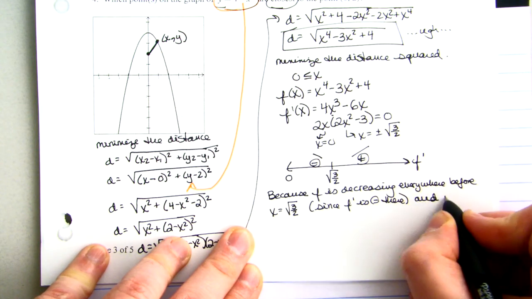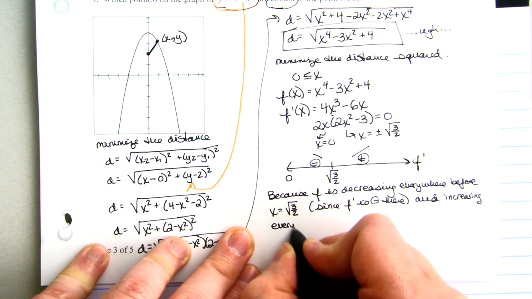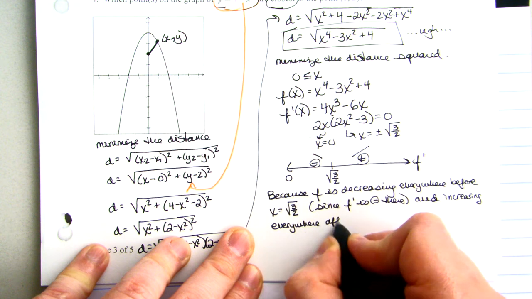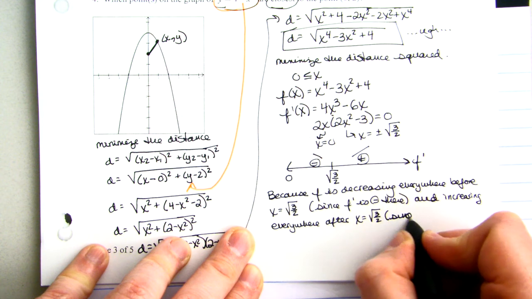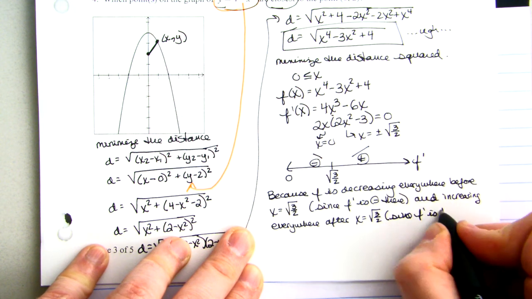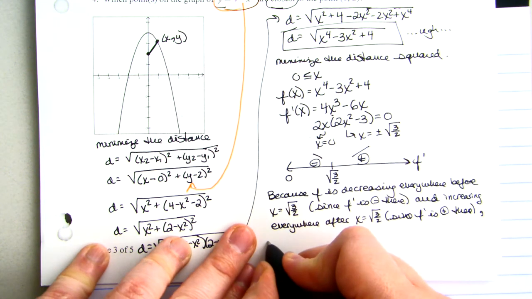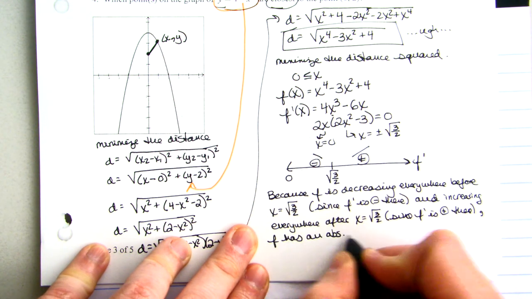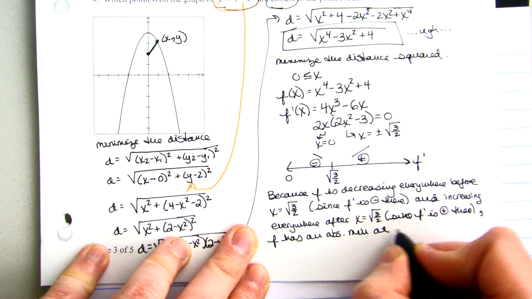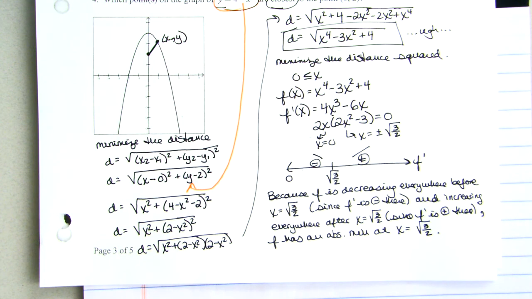And increasing everywhere after x equals square root of 3 halves, since f prime is positive there, f has an absolute minimum at x equals root 3 halves. Take a moment, copy that down. Again, this is our global justification.